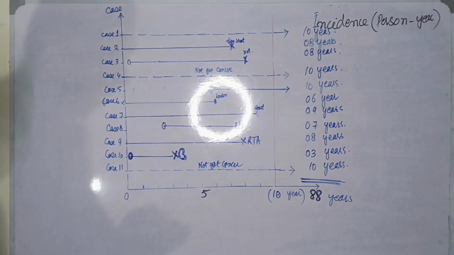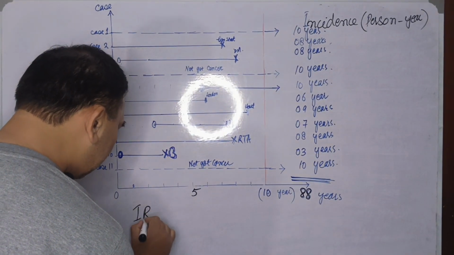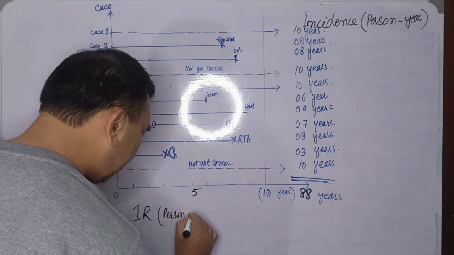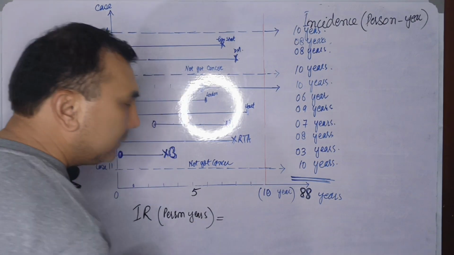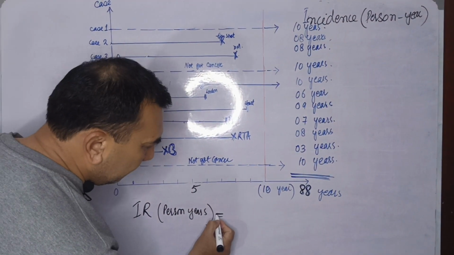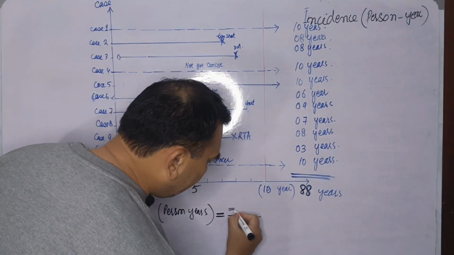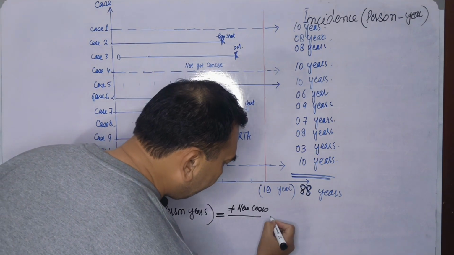Okay, now the incidence rate and the incidence per person years. Now what we will do, again we will see the number of new cases.